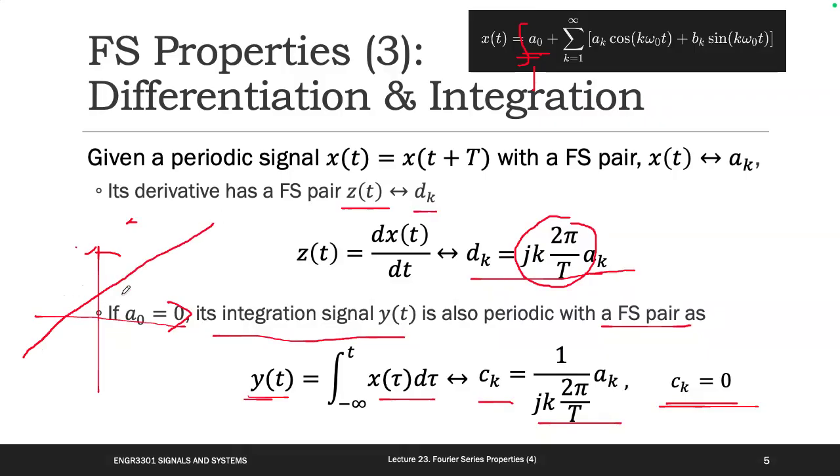So this signal is obviously not periodic. If you add this one, it will become this one, maybe this one. It is obviously not periodic. So that's the reason why we want a naught equal to 0. That makes sense to you?